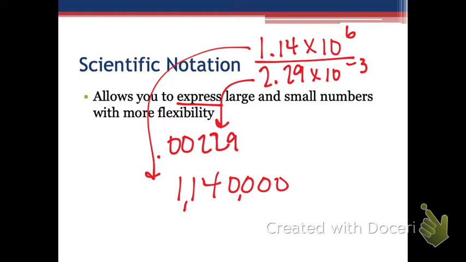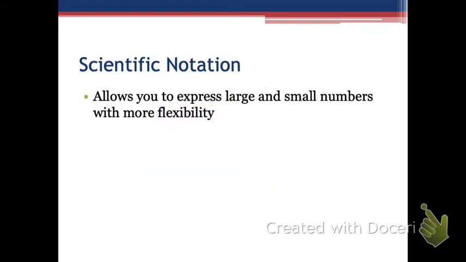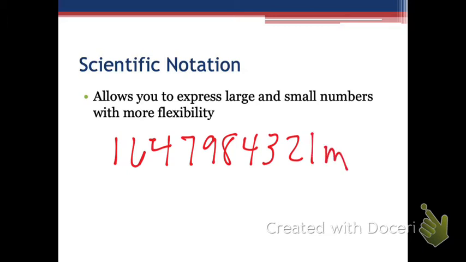A problem with scientific notation is that when we have big numbers or small numbers and we put them into scientific notation, sometimes we can lose some of the precision of that measurement. So let's say I had a measurement that was a really big number, 1,647,984,321 meters. Let's say we had this huge number of meters.